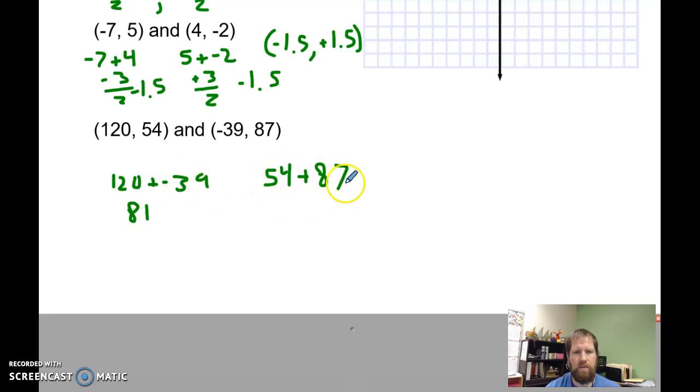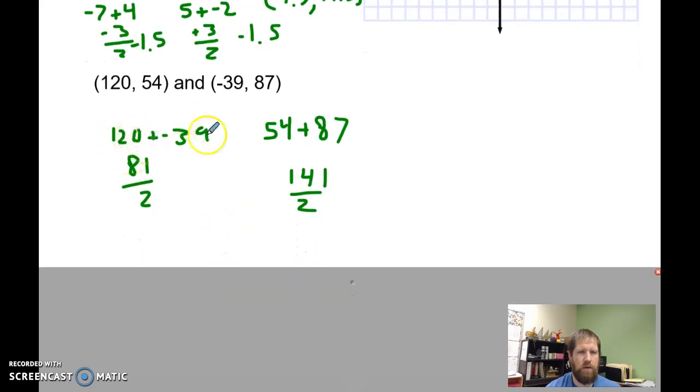And then 54 plus 87, that should be 141. Divide by 2, divide by 2. So the midpoint, even though I can't plot these points, I don't have near enough room on my graph, I know that the midpoint between those two is going to be at 40.5 and 70.5.